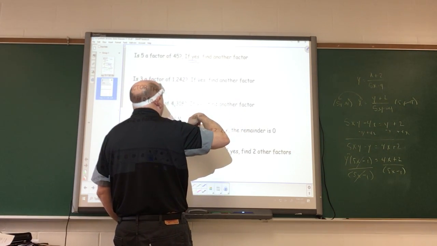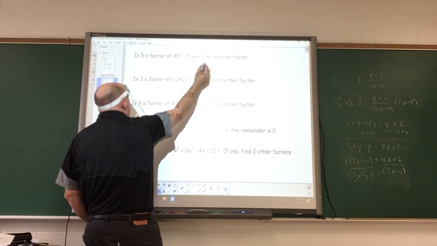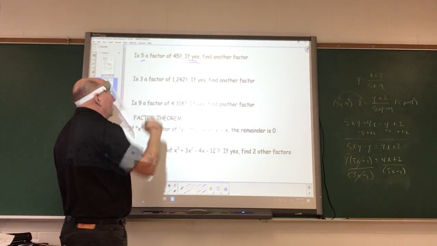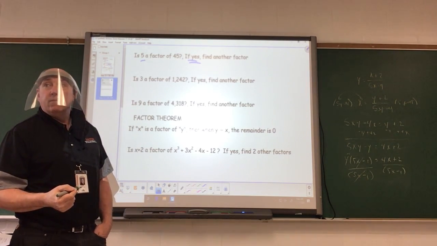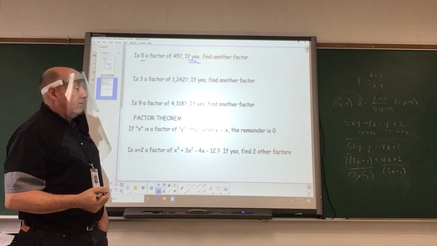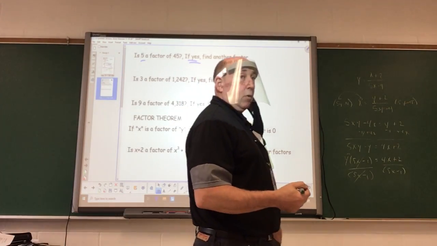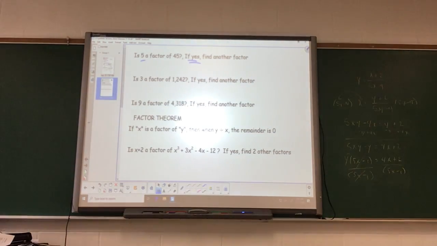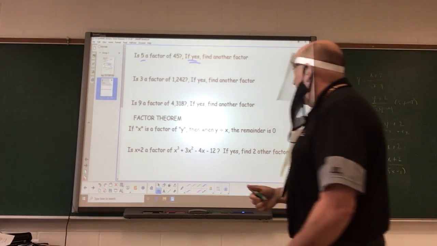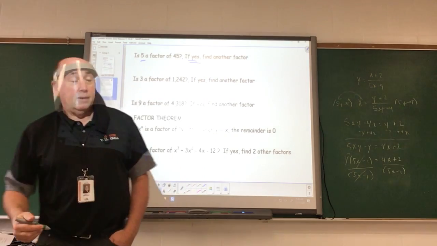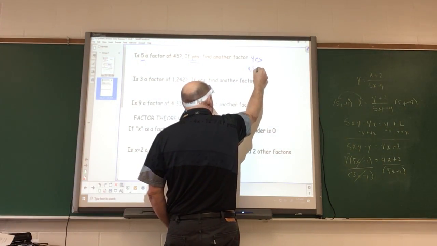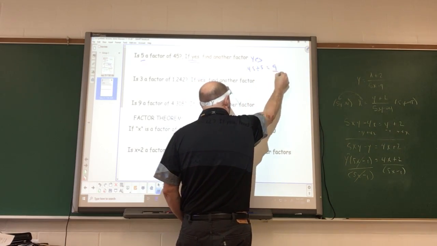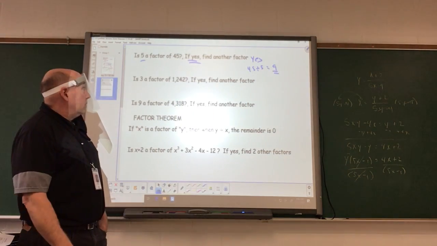If 5 is a factor of 45, what's the other factor? Don't overthink it. How do you know 5, what? Oh, 9. There we go. How'd you get 9? 45 divided by 5, we get a value of 9. 9's another factor of it.